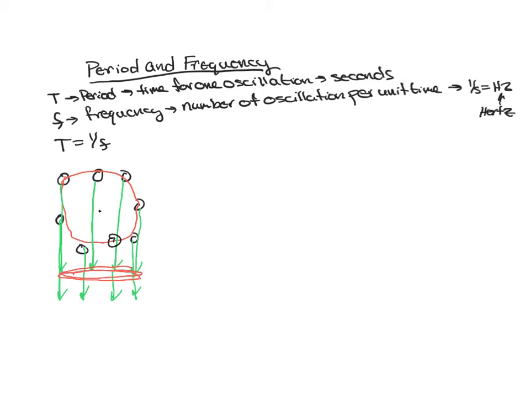So what looks like a circular orbit face on actually looks like an oscillation back and forth when you look at it edge on. Very similar to our spring oscillating back and forth.